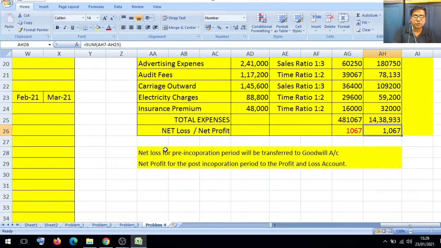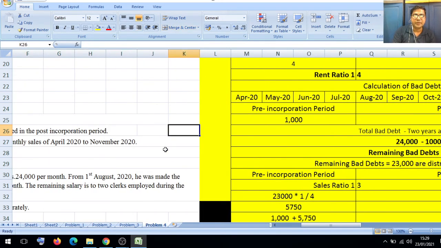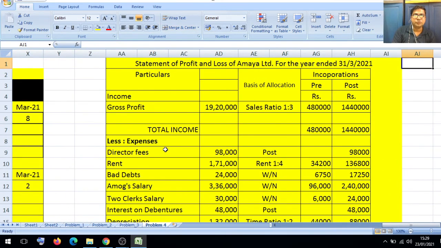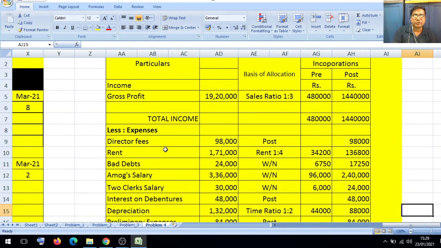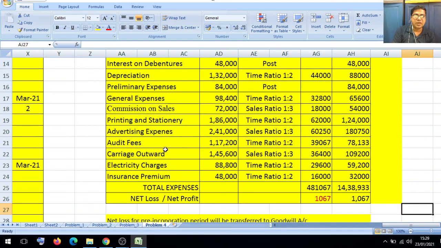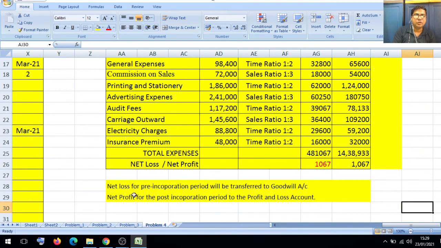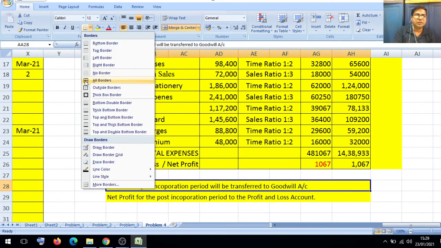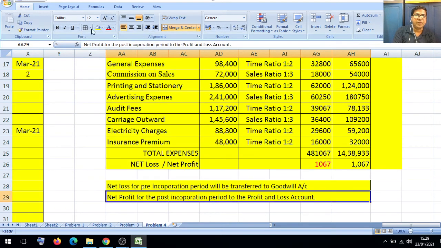So this ratio and working note is very important while preparing these kinds of statement. So I hope you understood how to prepare statement showing profit and loss. The profit will be transferred to the capital reserve account, and loss will be transferred to the goodwill account.